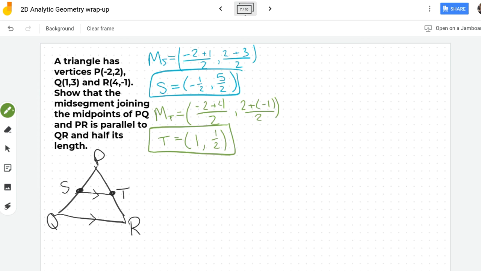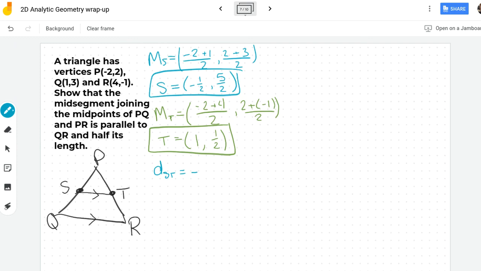Then we need to find whether they're parallel and whether ST is half the length of QR. So we'll find the distance of, let's say, ST first. Distance formula, you find delta y and you square it, and you find delta x and you square it, you add them together and you square root. So delta x would be the change in the two x values.